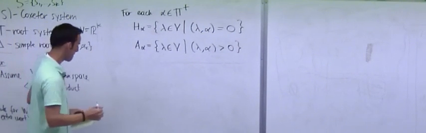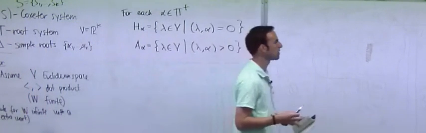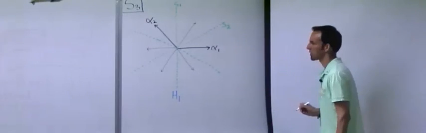So let's go to this picture over here. For example, for alpha 1, this is really R2 with the usual Euclidean geometry. So the hyperplane perpendicular to alpha 1 is just this one right here. This is what I'm calling H1, the things that are perpendicular to alpha 1.